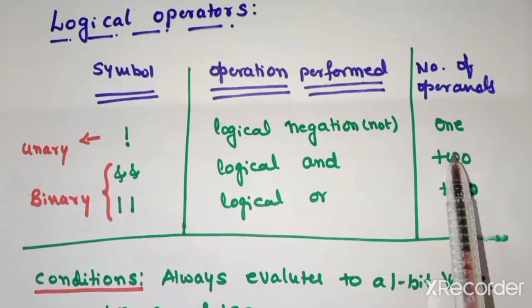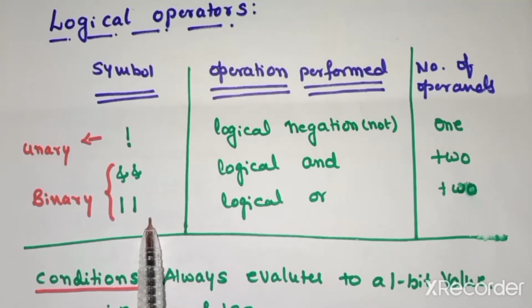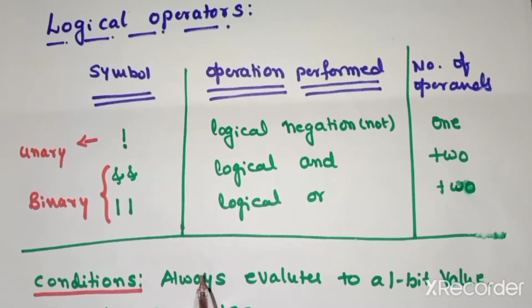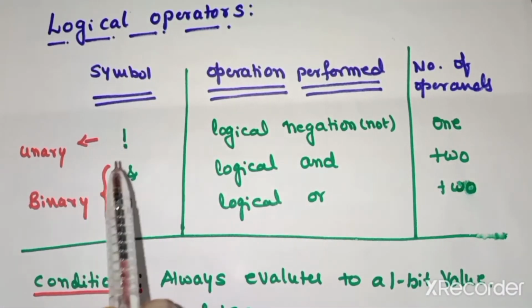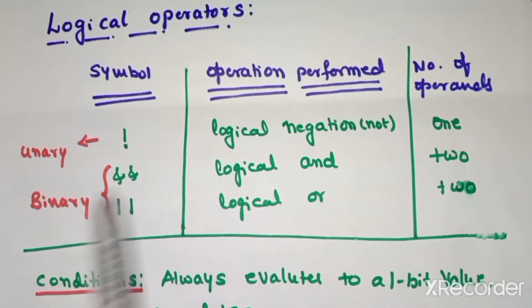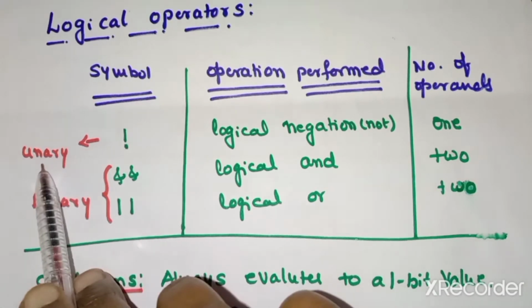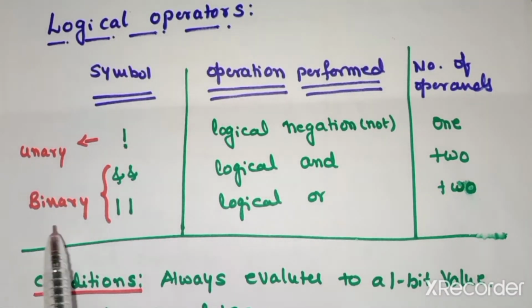If it requires two operands, it is called a binary operator. Logical NOT is the unary operator, whereas logical AND and logical OR are binary operators.